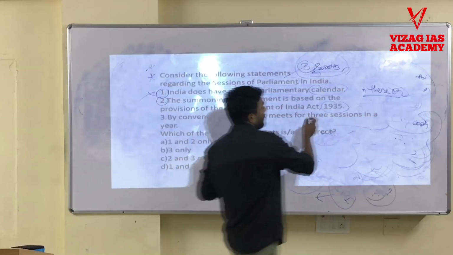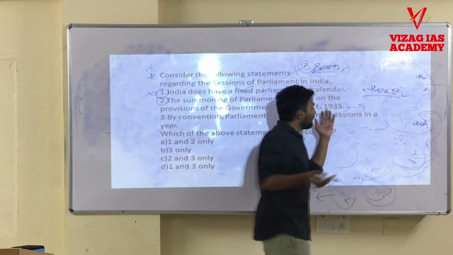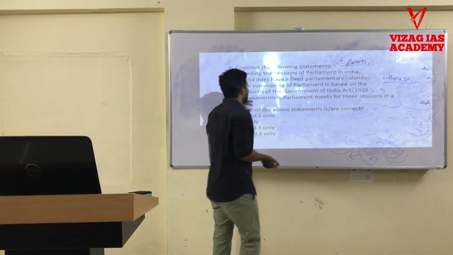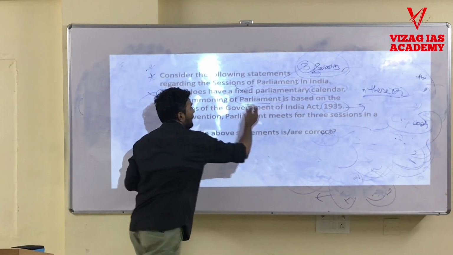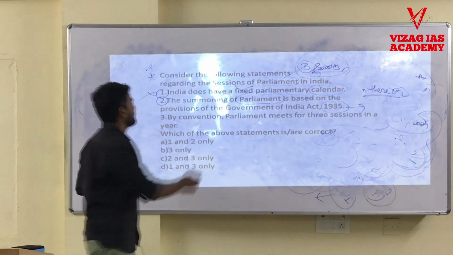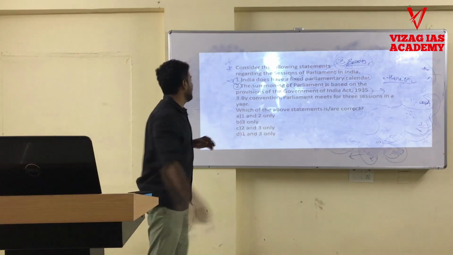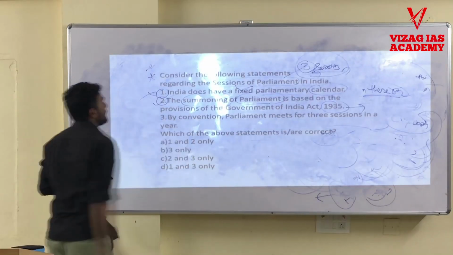Almost half of the Constitution is heavily borrowed from the 1935 Act. So these session-related and summoning-related aspects were mostly borrowed from the 1935 Act, which means point number 2 is correct.